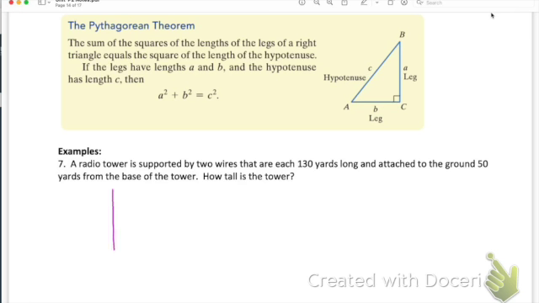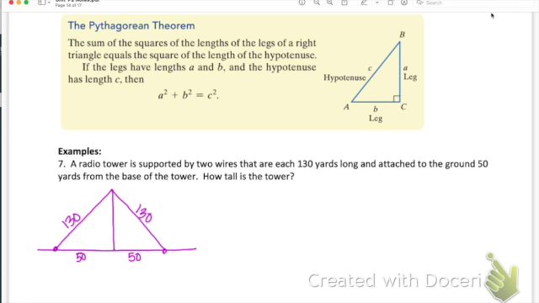So here's our radio tower and here's the ground. And we have 2 wires, 130 yards each. So here's 130, here's 130, and they're attached 50 yards from the base of the tower. So this is 50 and this is 50.